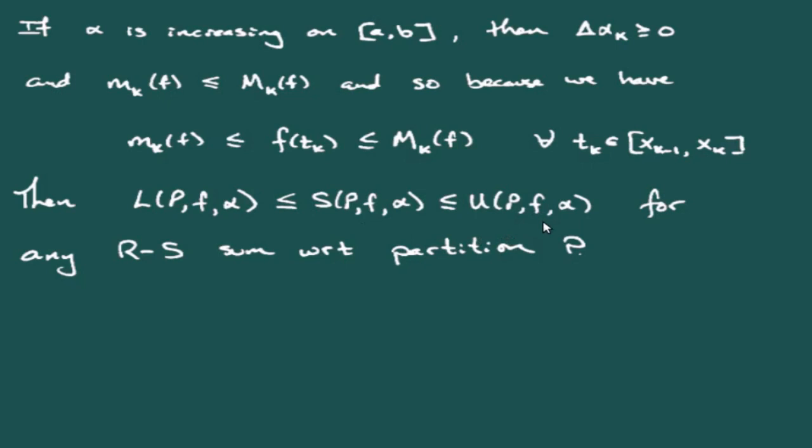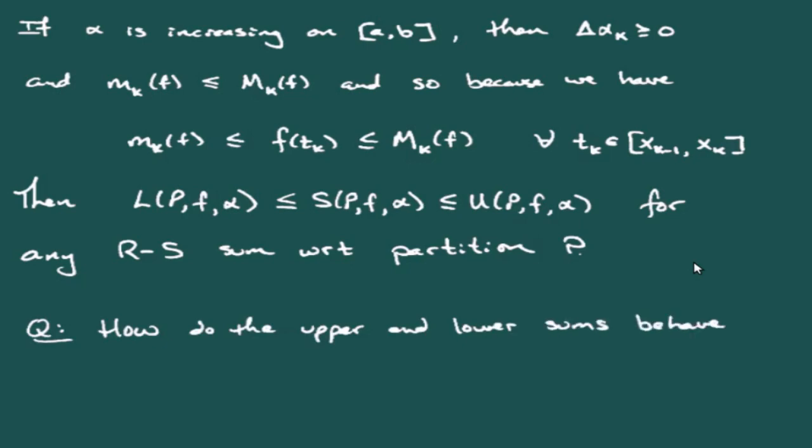So we've got this inequality with the lower and upper bounds bounding all of our Riemann Stieltjes sums with respect to this particular partition. A natural question then is, what happens when we start taking refinements of those partitions? What happens in those cases?